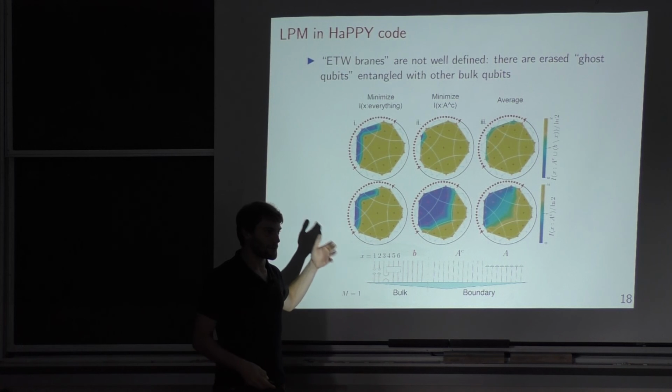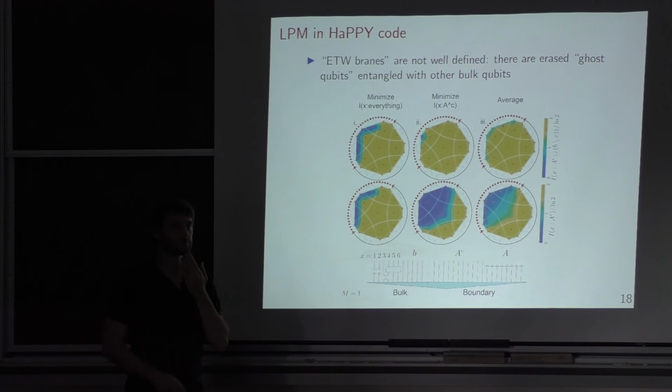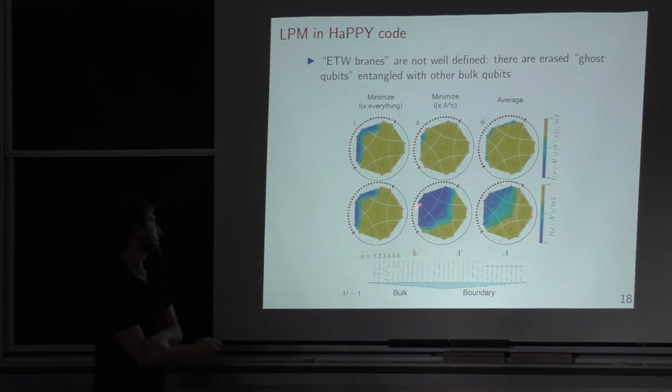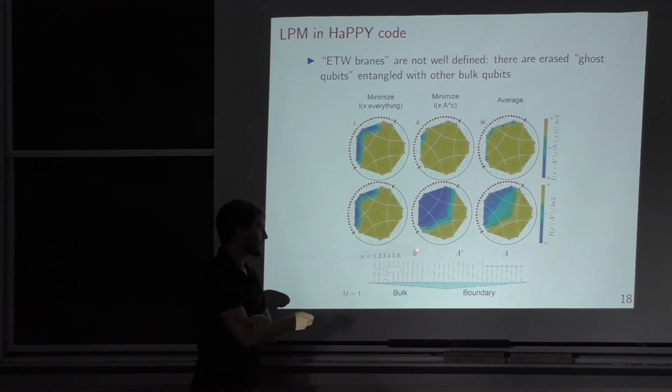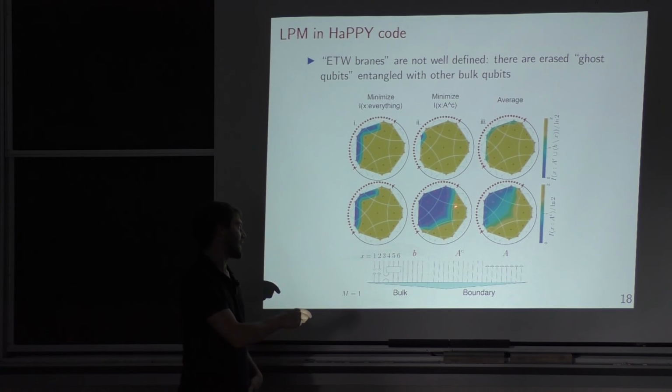And so in order to fix this, we studied a stack of... Maybe I don't understand this picture. Why does it not have one hexagon, one color? How can there be color gradients within a hexagon? No, this is an artifact of how this plot was made. You should imagine a rigid line here. Each qubit is either yellow or blue.